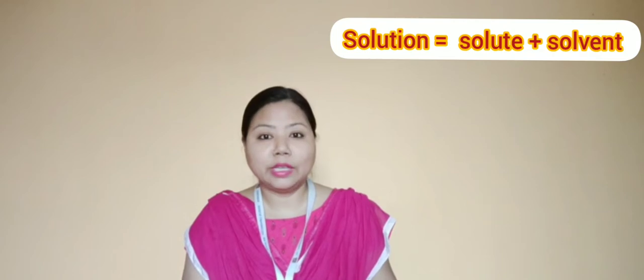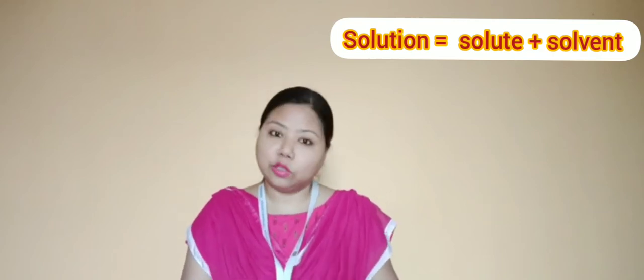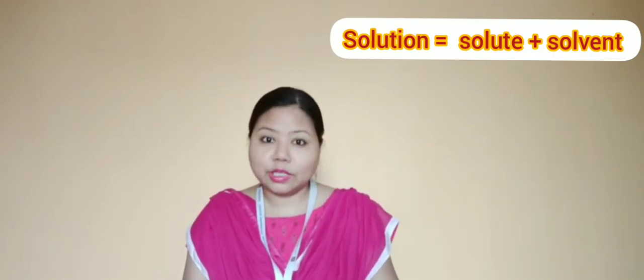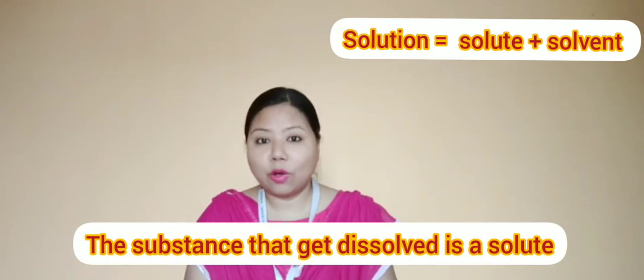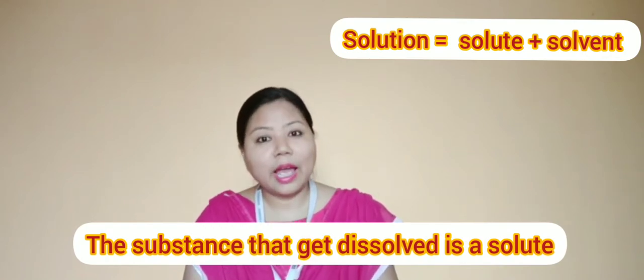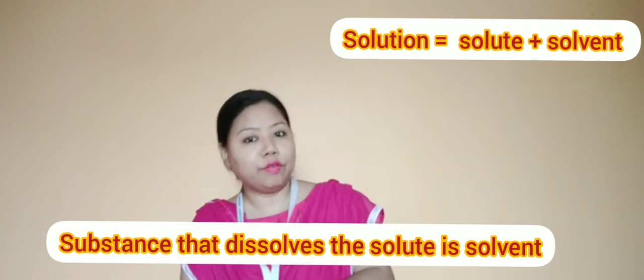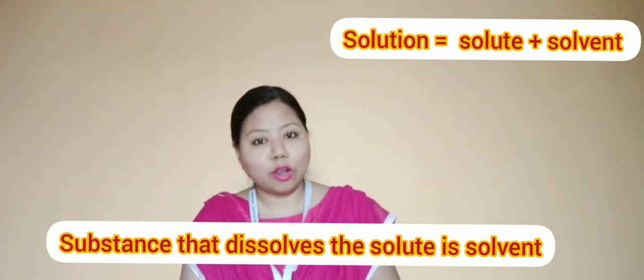That means whether a liquid gets dissolved in another liquid or not. That means the solute and the solvent is liquid. Children, I hope that you know that a solution is made up of solute and solvent. The substance which gets dissolved is called a solute, and the substance which is dissolving the solute is called solvent.